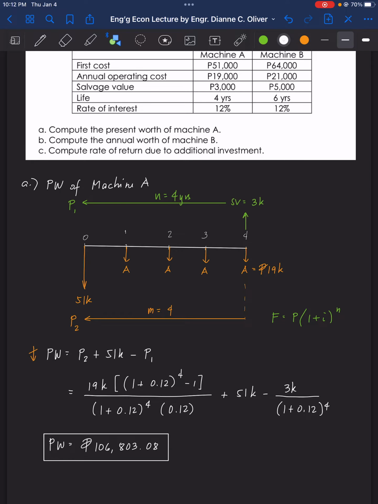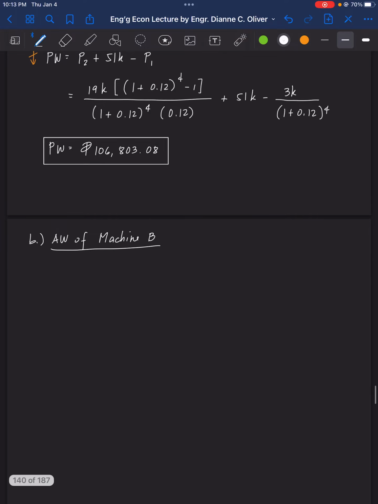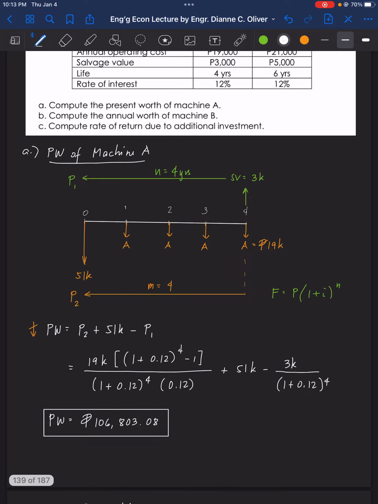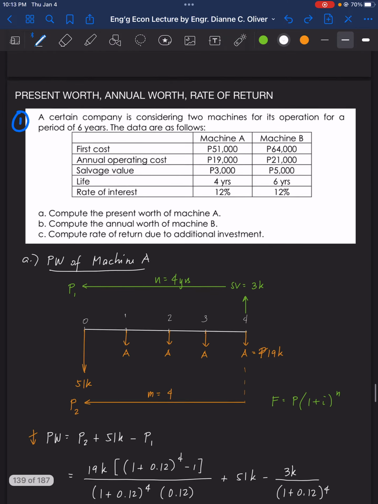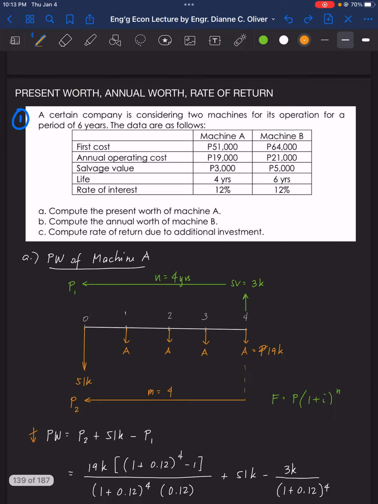So we will depreciate it. We have here salvage value and the cost. So the cost here we will put into the future and solve for the depreciation. So the cost here is 64 for the first cost, and the salvage value here is 5,000. Annual operating cost is 21,000 pesos.